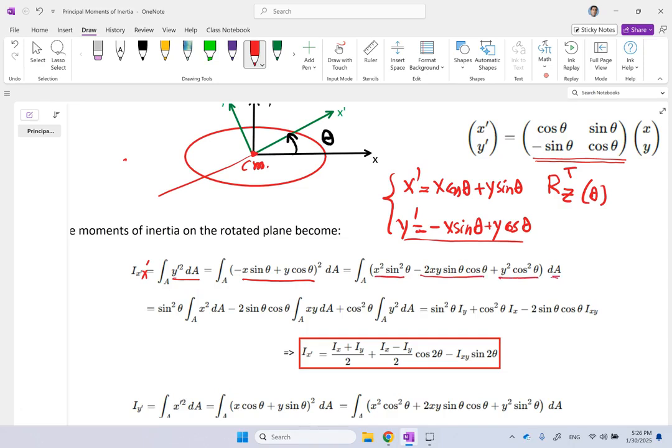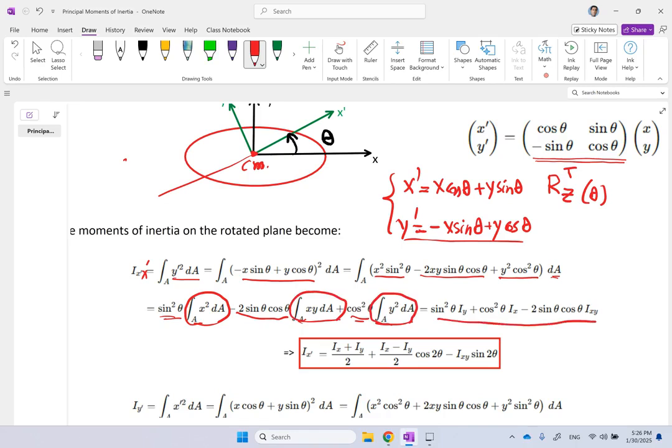Now these theta terms are constant because theta is a fixed angle, so you can take them out of the integrals. They do not depend on x, y, or A. So you're going to get sine squared integral of x squared minus 2 sine cosine integral of xy plus cosine squared integral of y squared. And you know this one is your I_yy, this one is your I_xx, and this one is your I_xy. So you're going to get this.